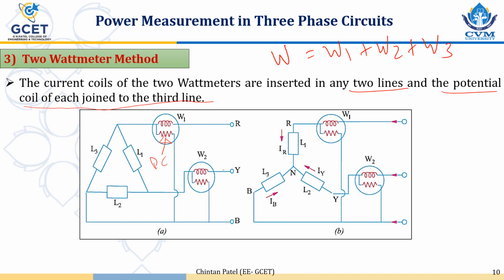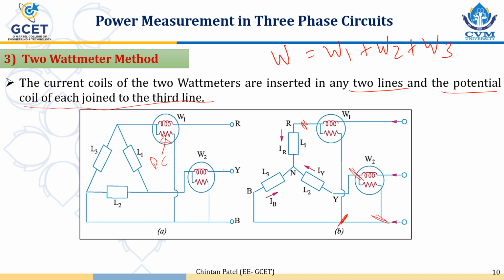The W1 current coil is connected in R phase, and its pressure coil is connected between R phase and B phase. W2's CC or current coil is connected in Y phase, and the pressure coil is connected between Y phase and B phase.